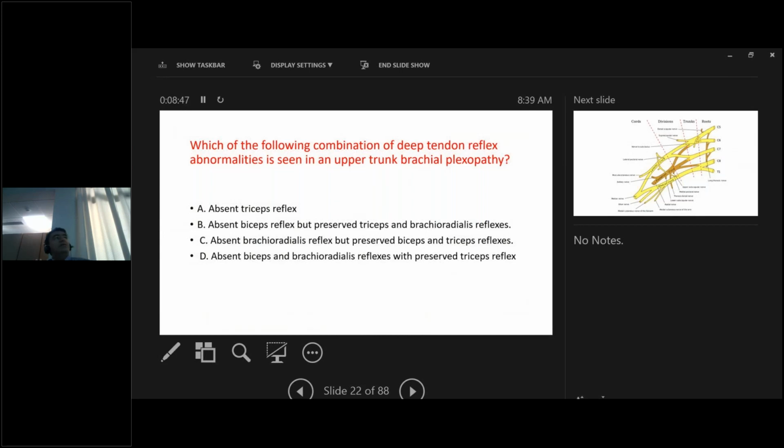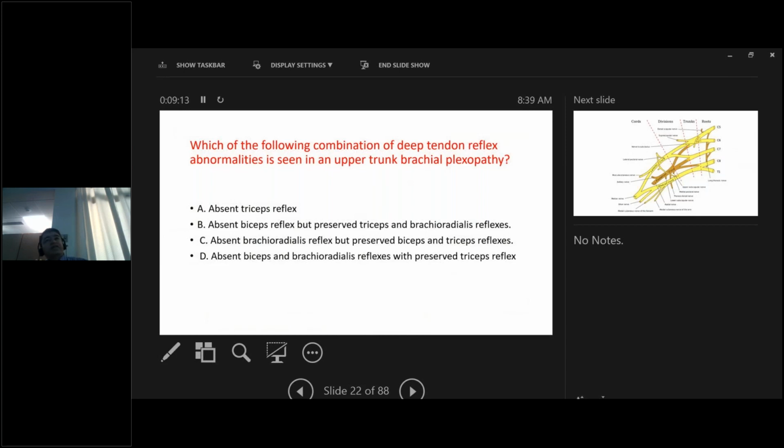Rasha? Which of the following combinations of deep tendon reflex abnormalities is seen in an upper trunk brachial plexopathy? Upper trunk is made of what? C5, C6. So which reflexes go through C5 and 6?